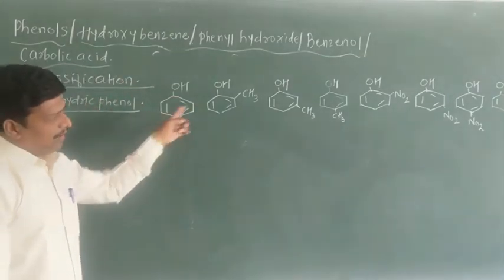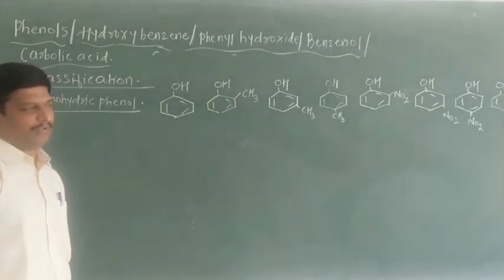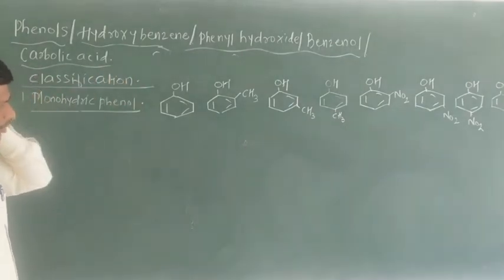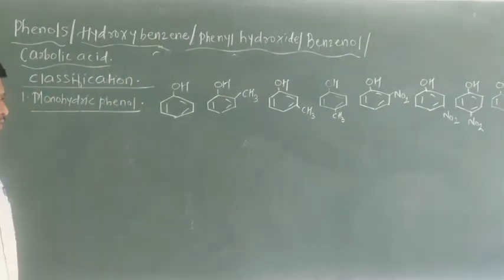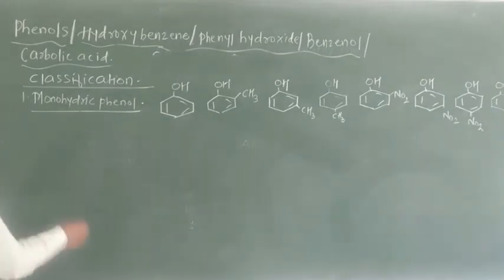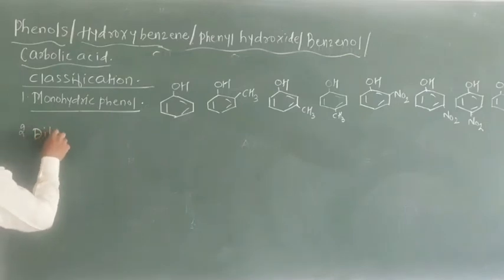That's why I have written all these examples on the board. Later on we will discuss the nomenclature of all these structures. But before that, we will discuss the second type of phenol, and it is the dihydric phenol.